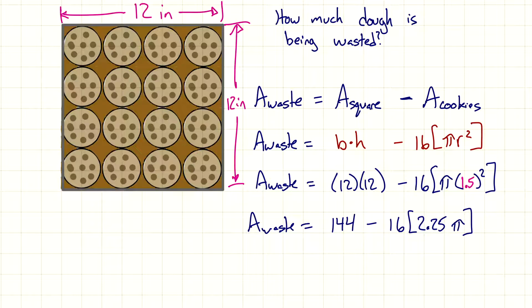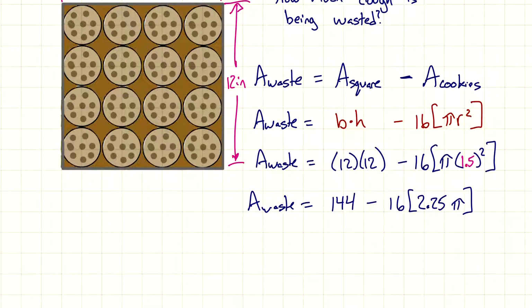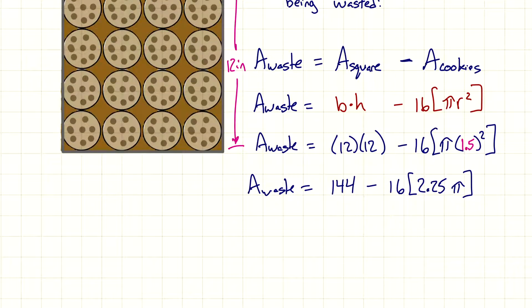All right. Okay. So next step is to maybe multiply that out. Area of the waste, 144 minus, now we just have to multiply 16 times 2.25. And when we do, we would end up with a nice number of 36 pi.